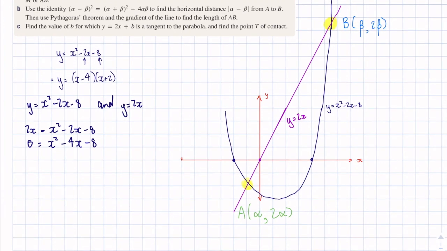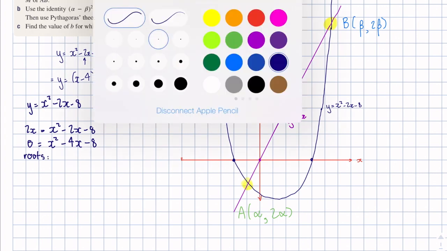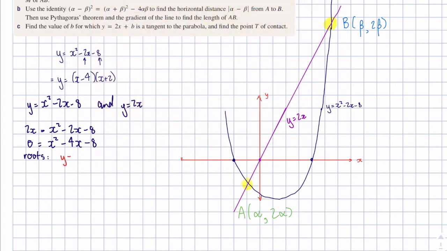So the roots, don't forget, if I've got y equals ax squared plus bx plus c, with zeros alpha and beta, then alpha plus beta equals minus b on a, and alpha times beta equals c on a. I hope I've remembered that correctly. I think I have.